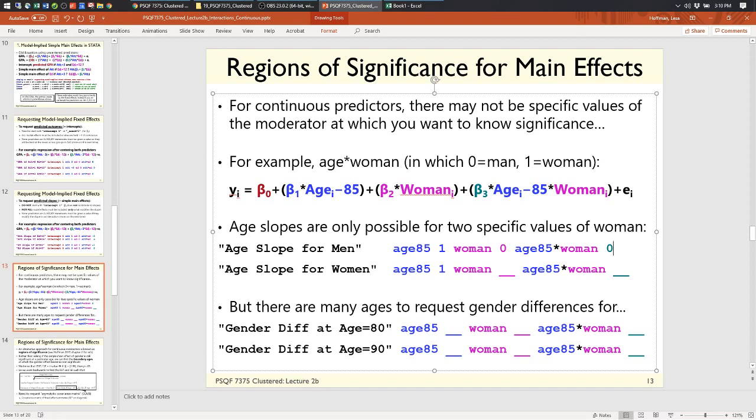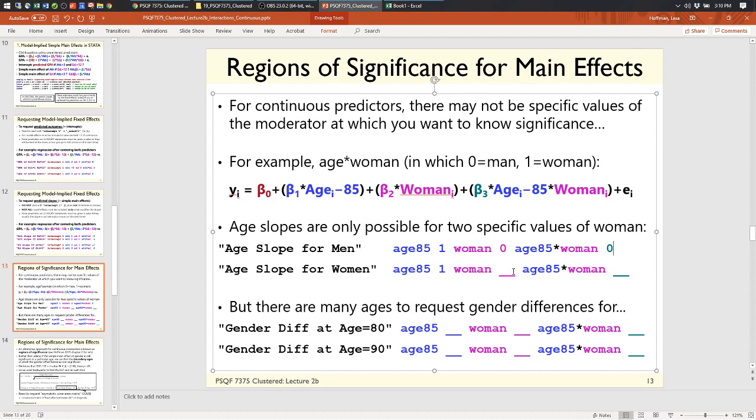So this is an example of a line that is completely unnecessary. Because men are the 0 group, the slope of age that you get directly out of the model, this beta 1, is what we just asked for. So anytime you have a line where there's only one term that's not zeroed out, it's in your model already.